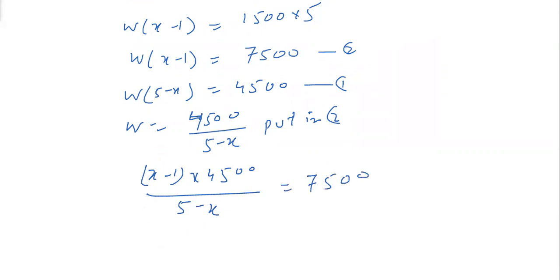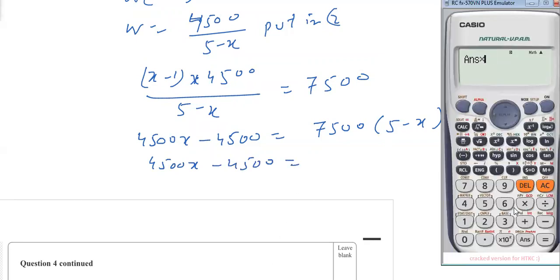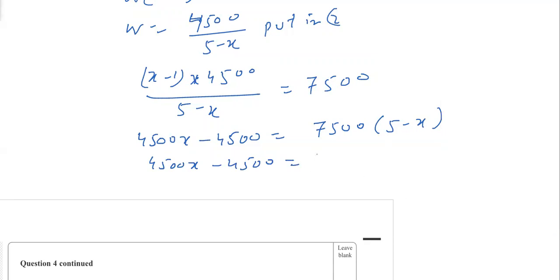So let's solve them now. It will become 4500x minus 4500, and shifting the denominator to the other side, it will be 7500 times 5 minus x. Calculating this gives me 4500x minus 4500 equal to 7500 multiplied by 5, I'll get 37500 minus 7500x.